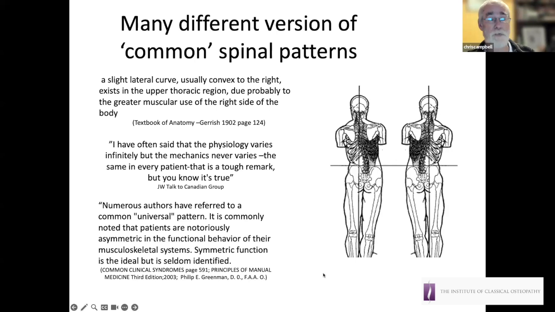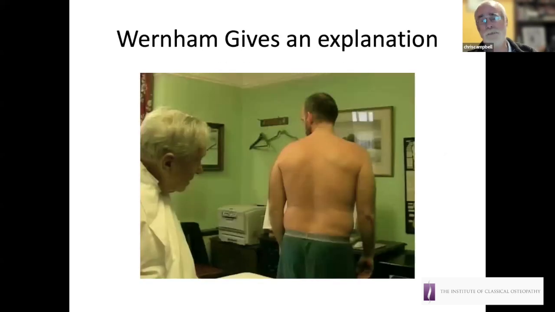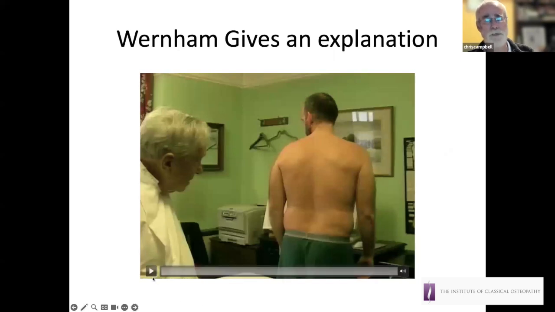Greenman saying that authors have referred to a common universal pattern, commonly noted in papers, and all of these things have a function and it keeps coming up, and yet every time you come about it, it seems slightly different in the way that it's talked about. So it can be confusing. And then what does it mean? What do we do with it? Has it any value? And there's a little video clip that Wernham gave when he talked about it in a particular patient. And I just want to show that to begin with, and I hope the sound on this works for us.